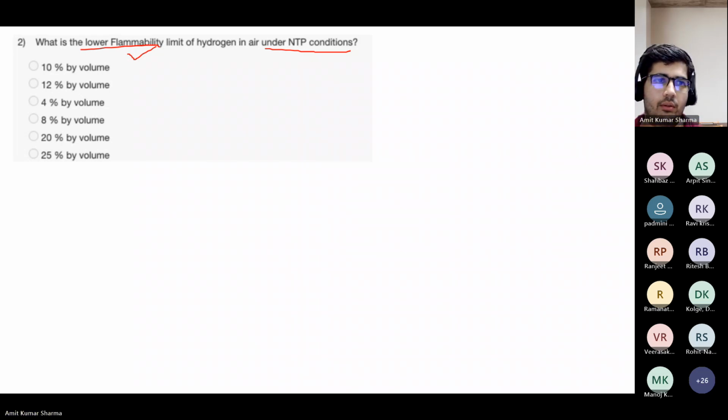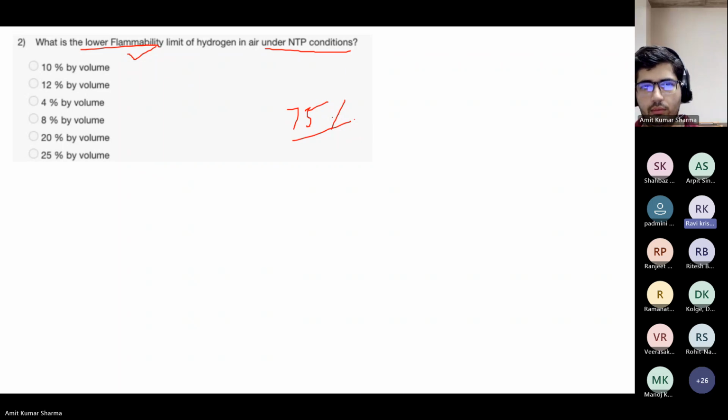Okay. And what is the higher flammability limit? We have one option, 4% is the lower limit, and what is the higher limit? 75%. Okay. So what is the meaning of the 75%?